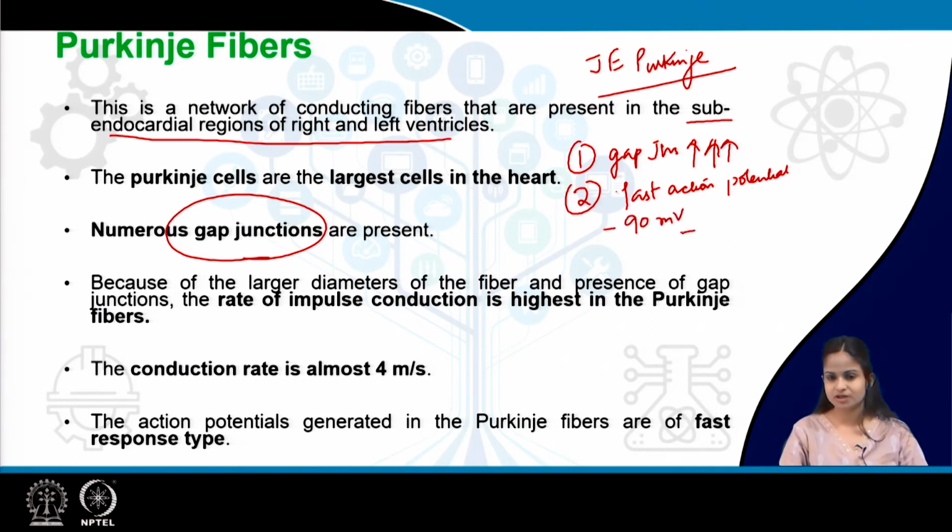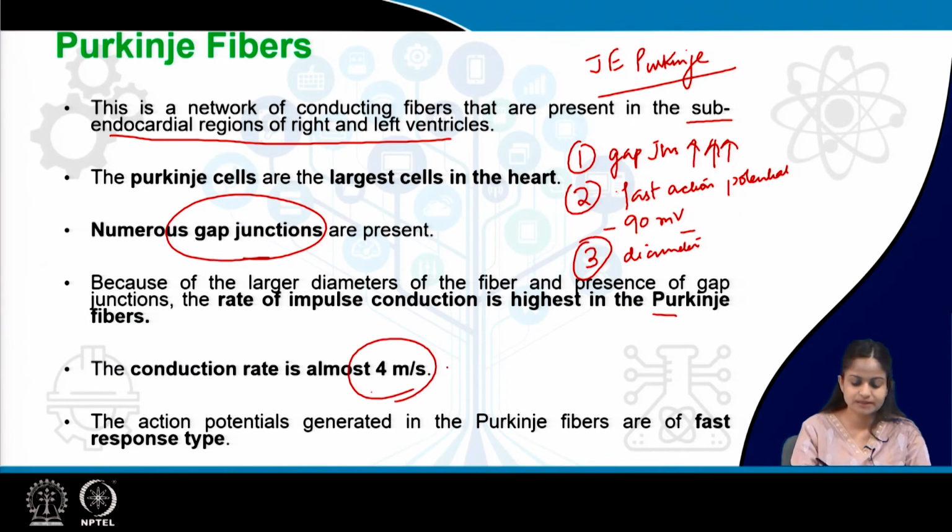So, this action potential will be fast, which is usually carried out by the sodium influx. And the third point is the diameter of the Purkinje fibers, which is large. What we had seen in the AV node, it was small. Since the diameter of the Purkinje fibers is large, there will be less resistance to the flow, and so the rate of impulse conduction is quite high in the Purkinje fibers.